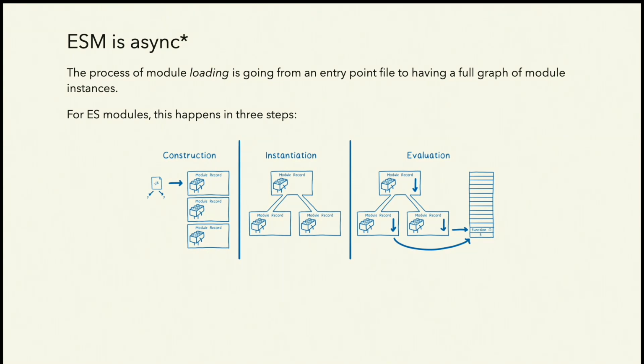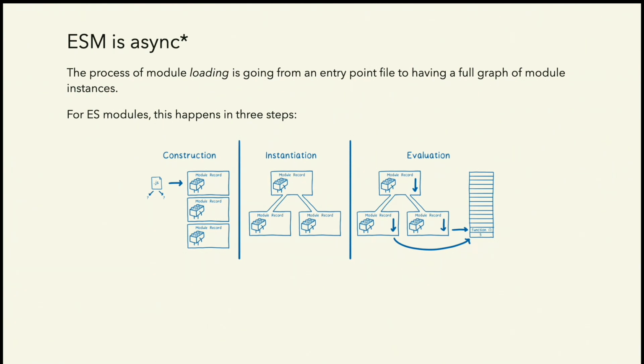So what do we mean when we say that ES modules are asynchronous? Well, loading an ES module happens in three steps. There's the construction step, which means finding, downloading, and parsing all files into module records, those little boxes there.